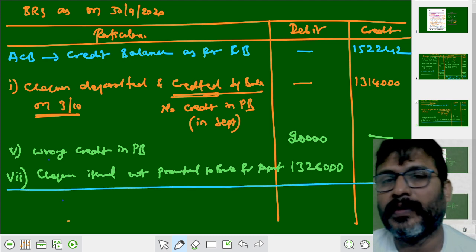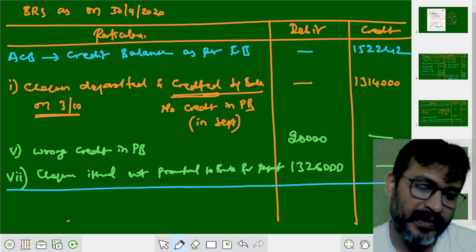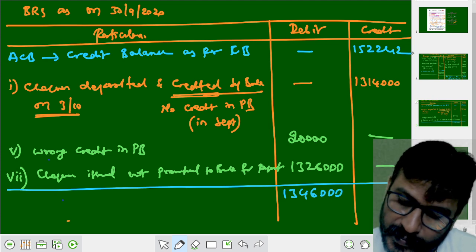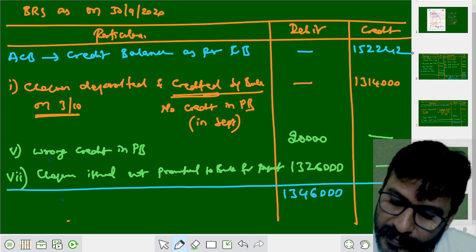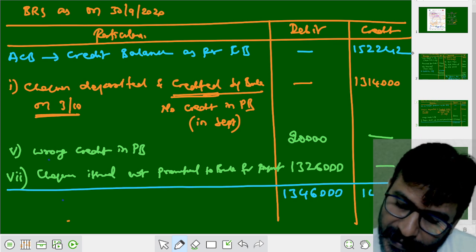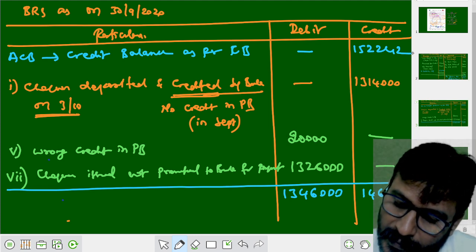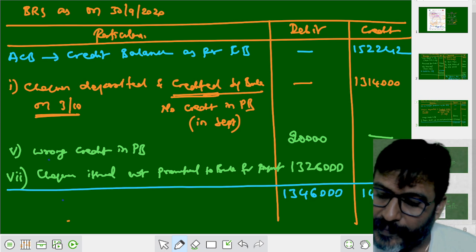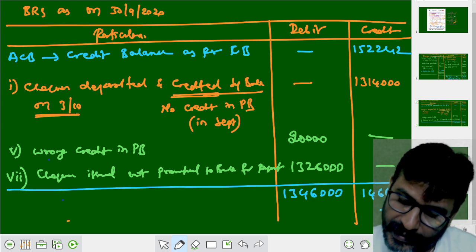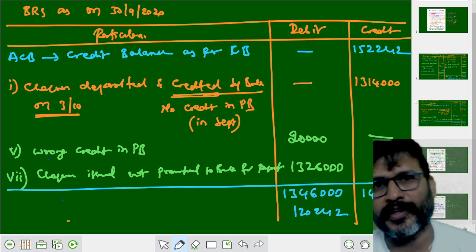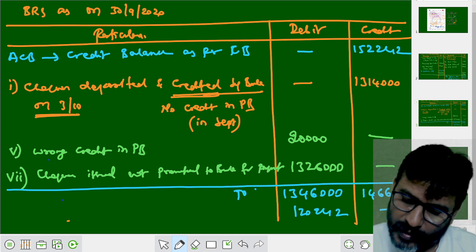Add these two. How much total do you get for debit? It is 13,46,000. Add these two, it is 14,66,242. Now the debit side is less by 1,20,242. This is called total.